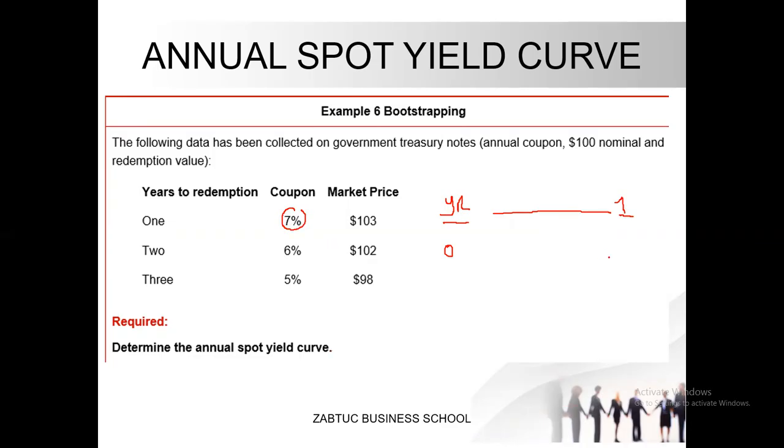And therefore, in 1 year's time, this bond is going to give us 107. This amount is what is receivable a year from now. Now, once you multiply this by the discount factor, which you don't know, it should give you 103.